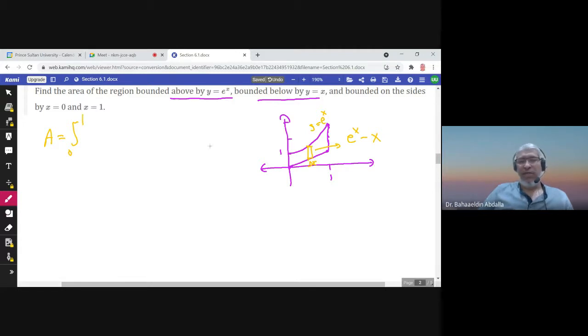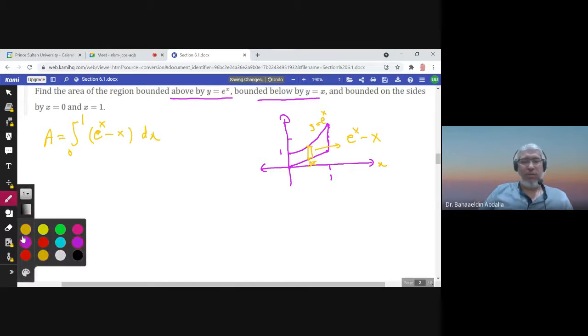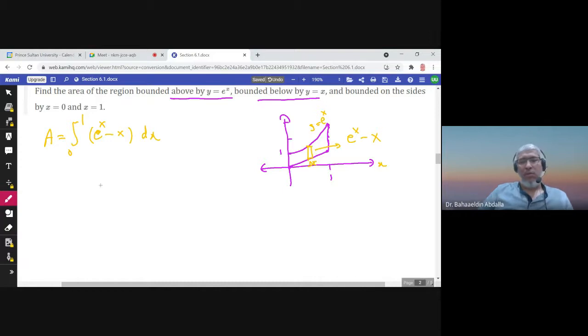So dx is from 0 to 1, and the height of the rectangle, which is e to the x minus x, this is f of x minus g of x dx. And that's it. We find the integral. So the integral of e to the x is e to the x. The integral of x is x squared over 2 from 0 to 1.